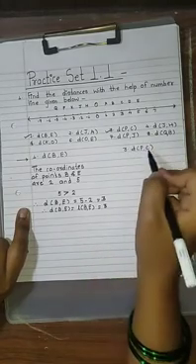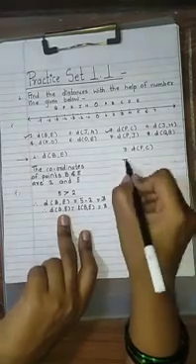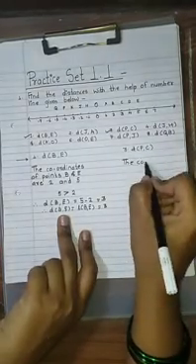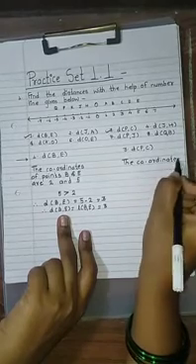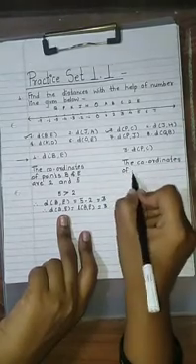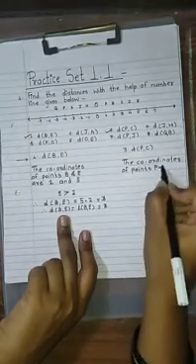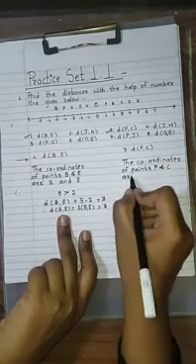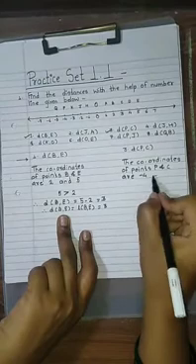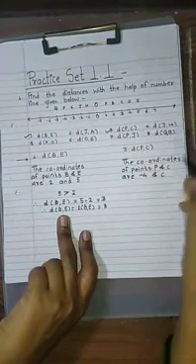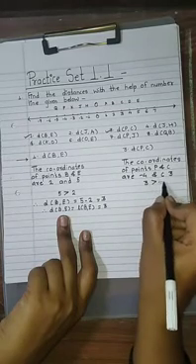Okay, now I'll take example 3. The coordinates of points P and C are, now you can see P, where is P? P is -4 and C is 3. Here you can see 3 is greater than -4.